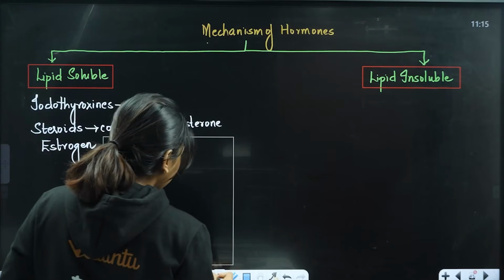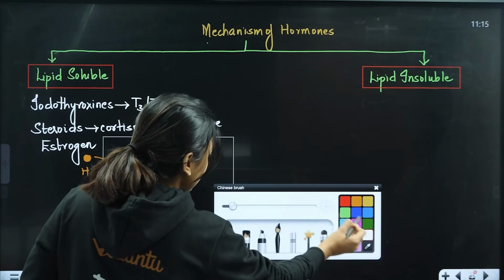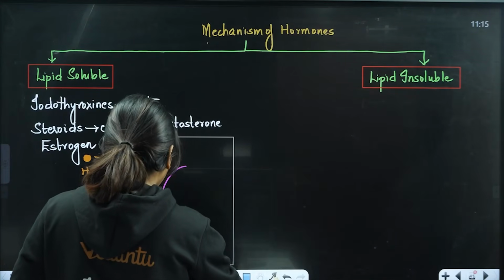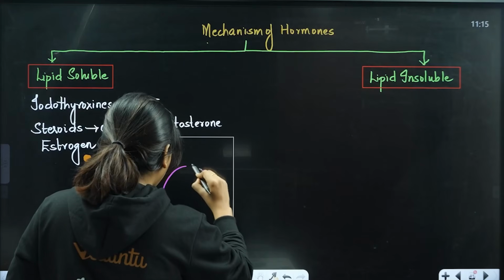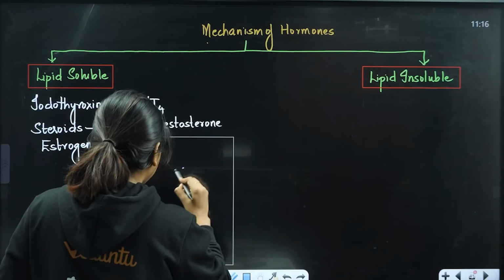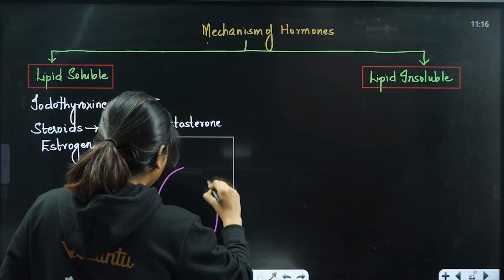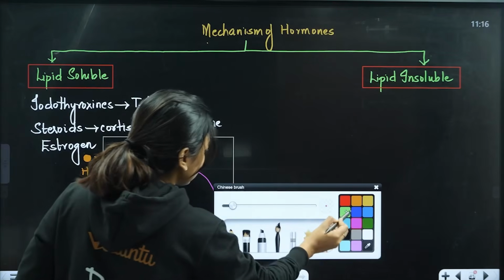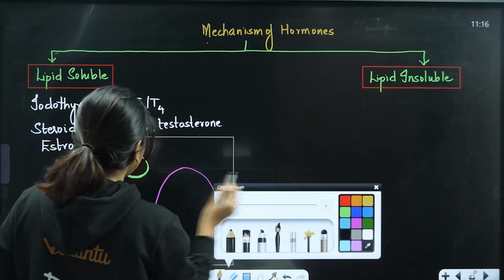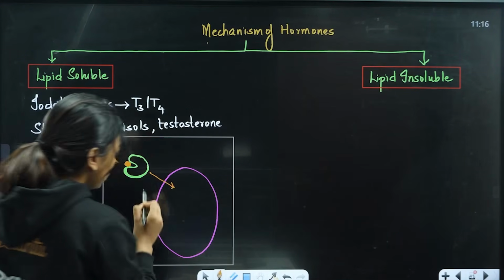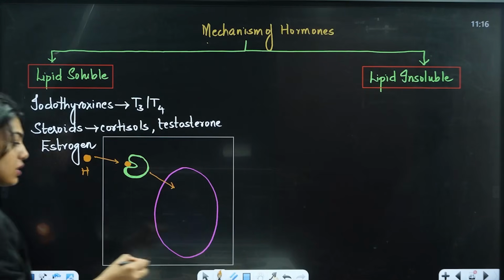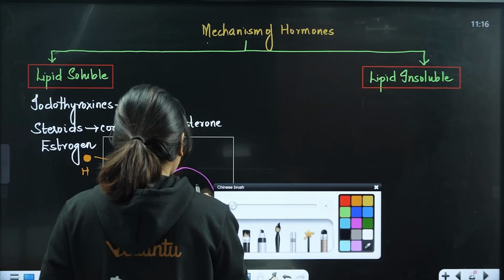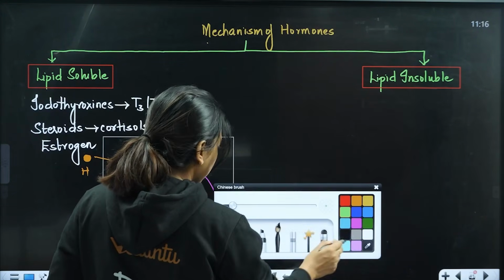Now it will enter into the cell as well, right? This fellow won't stop, it will enter into the nucleus, right? It has to enter inside, where our genetic material is present, students. Another color I'll draw.